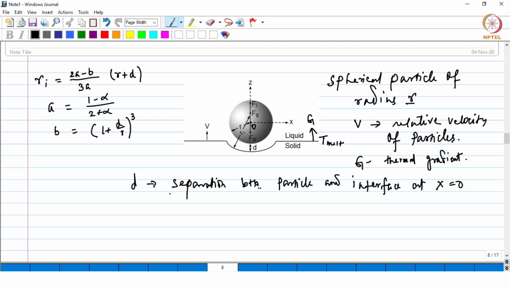So from here you can see that when d is much smaller than R, then B tends to 1, and therefore Ri will be equal to this, which comes down from this equation. Let us call that equation 1.